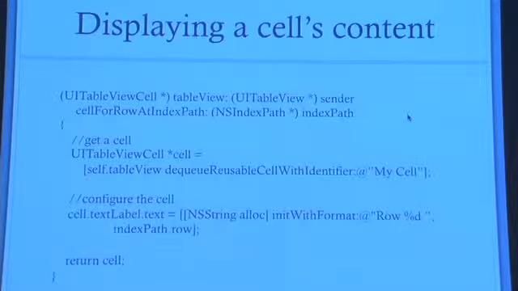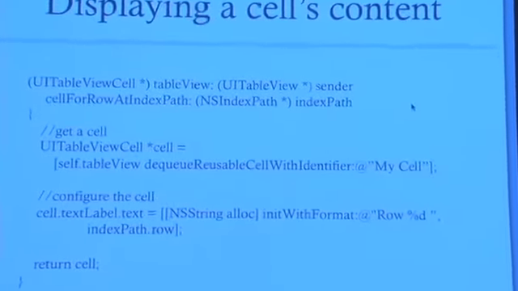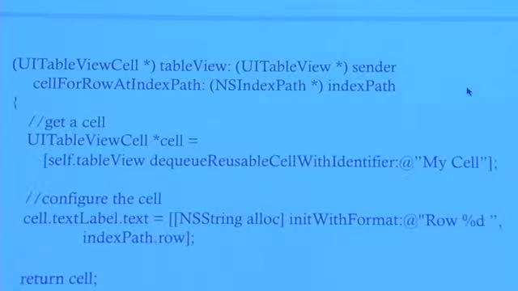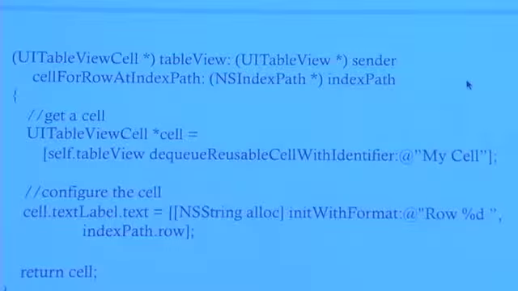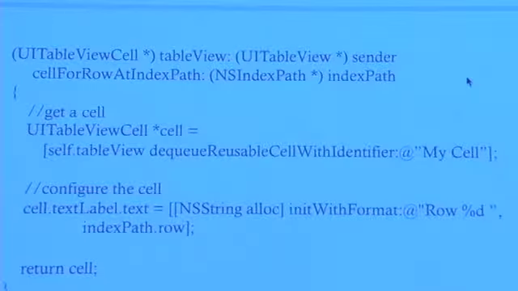So to get the cell, you use this kind of strangely named method, dequeueReusableCellWithIdentifier. That's a method of the table view. And what that does is the table view has this pool of cells, and it can just grab a cell out of there. The reuse identifier in this case is my cell.